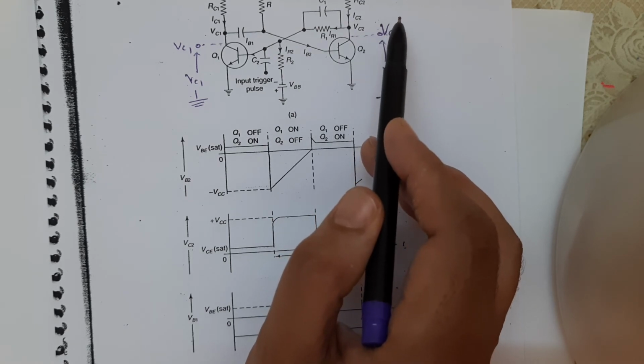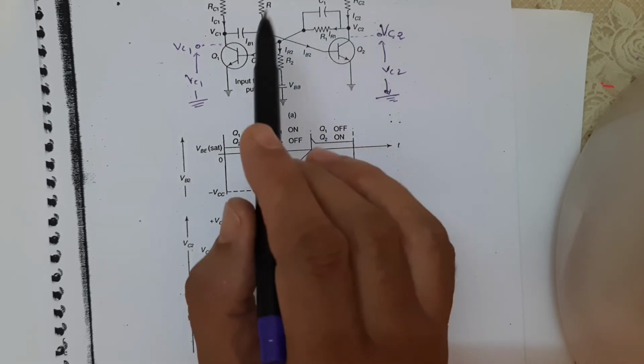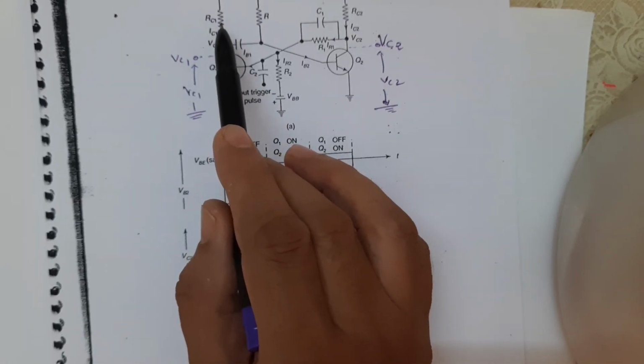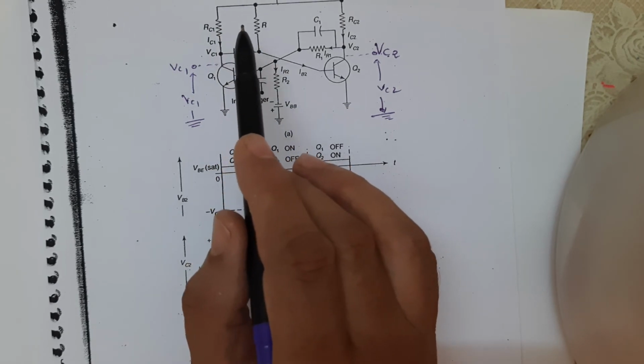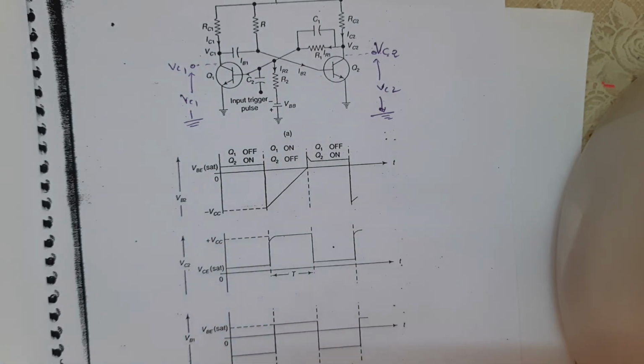At this instant, C1 charges exponentially with the time constant R1C1 towards the supply voltage through R1, and correspondingly VB2 also increases exponentially towards VCC.